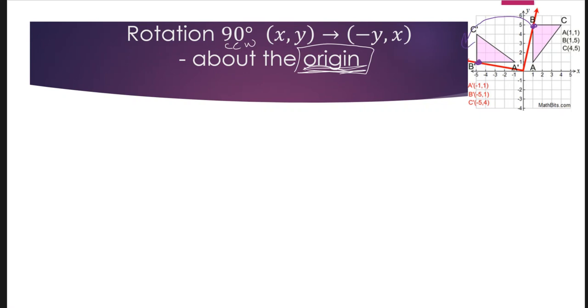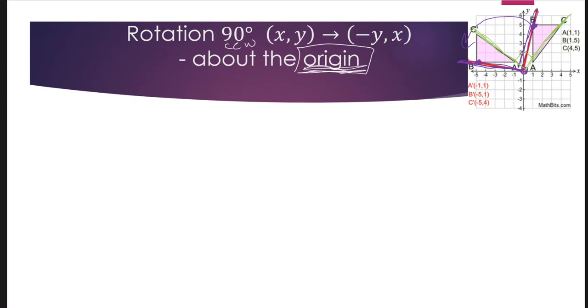Since we're doing it from the origin, from B to where our B prime is, that's going to be a 90-degree angle. That's what the 90-degree rotation is doing. The same thing would happen if we looked at C. From C to C prime, that's going to be a 90-degree angle.